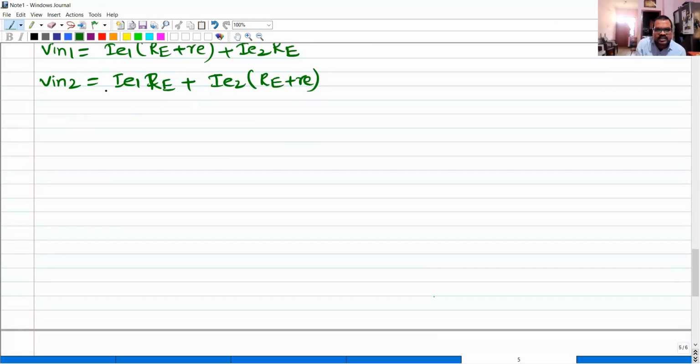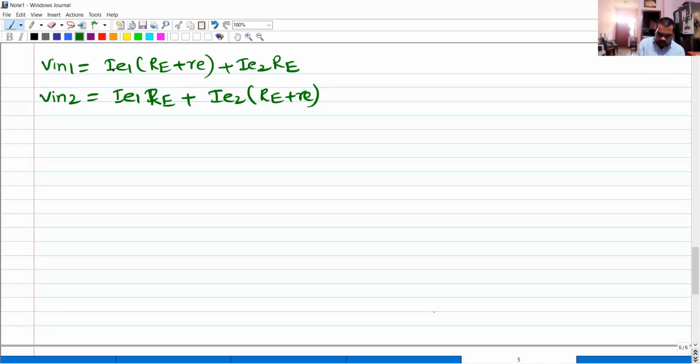I want to write this equation in matrix form. Please help me, how to write it in matrix form?